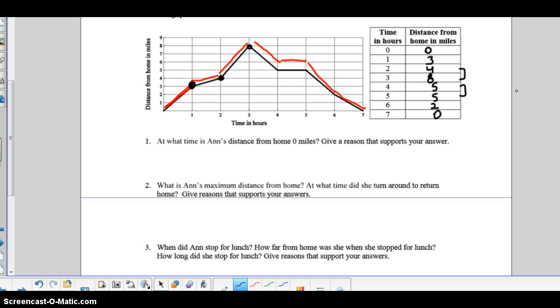At what time is Anne's distance from home 0 miles? Give a reason that supports your answer. So that would be right here and right here. So she would be when t is equal to 0 hours and when it's equal to 7 hours.